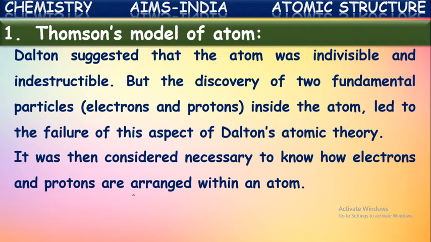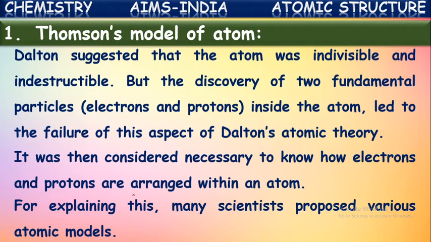It is necessary to know. To explain this, many scientists proposed various atomic models. Different scientists did different experiments and gave different proposals about the arrangement of these fundamental particles in atomic models.